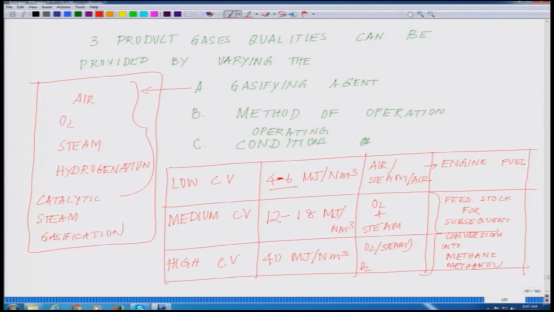Now, if you look at it carefully, compare the values 4 to 6, 12 to 18 and 40. This is a significant difference. Even if I take the higher values, say 6, 18, 40, that is 3 times and this is another 3 times, almost. Okay, 18 to 36, oh okay, twice. At least twice. Why is there such a huge difference?